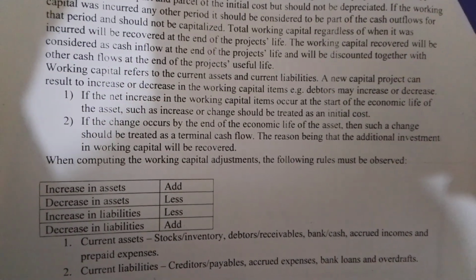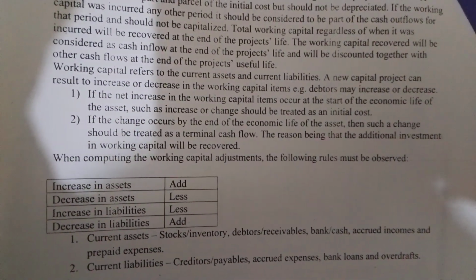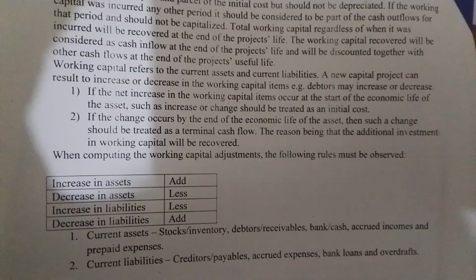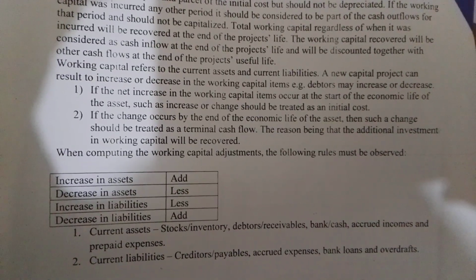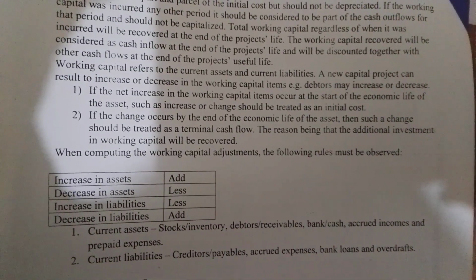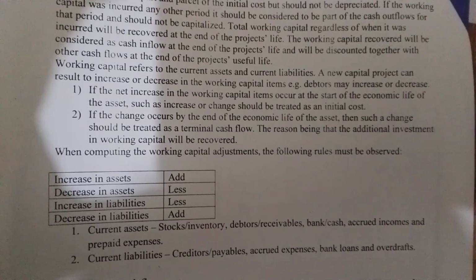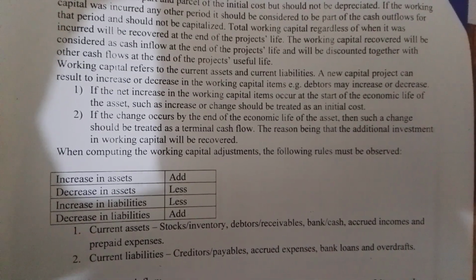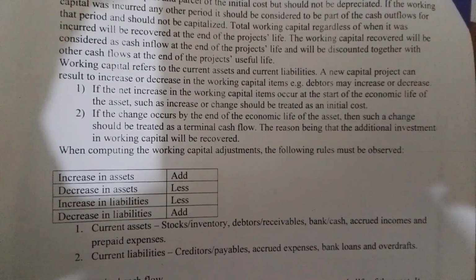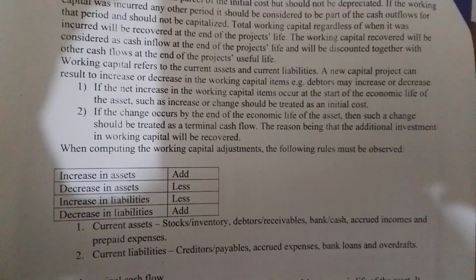If the change occurs by the end of the economic life of the asset, then such a change should be treated as a terminal cash flow. The reason being that the additional investment in working capital will be recovered.